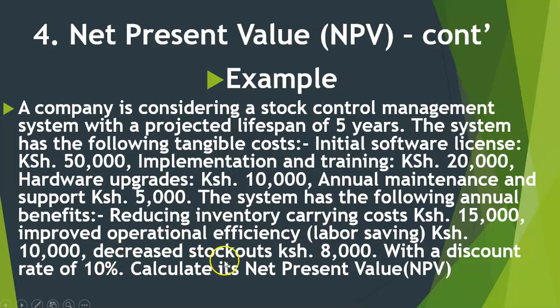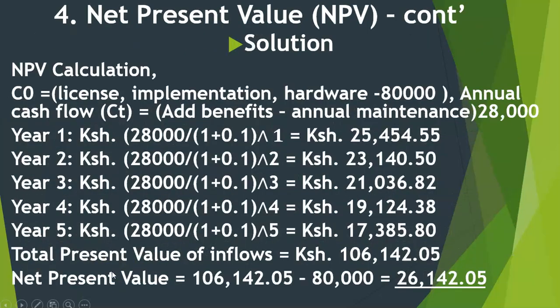Then we have been given additional information that they decreased stockouts, with a discount rate of 10%. So we need to calculate its net present value. We are given the discounting rate R at 10%. With this, you can come around here and do your calculations.